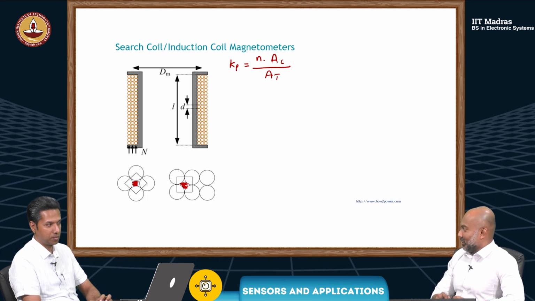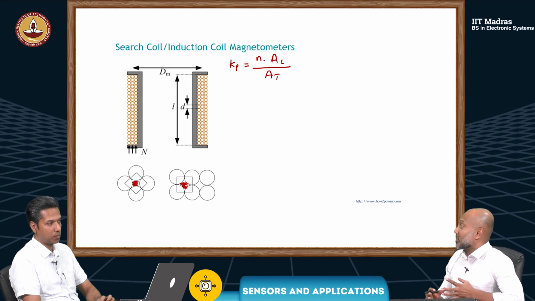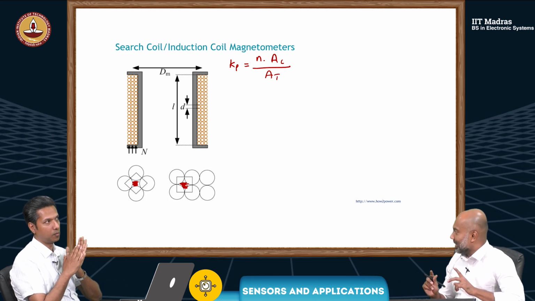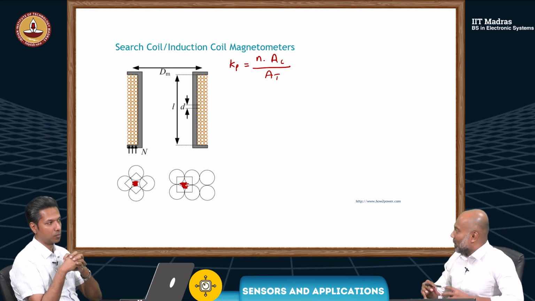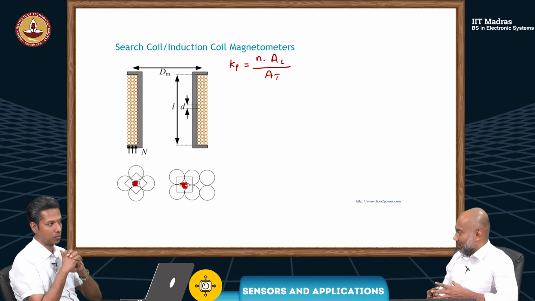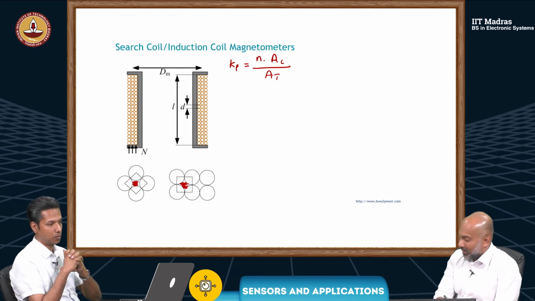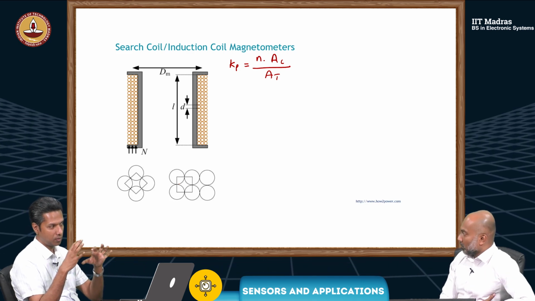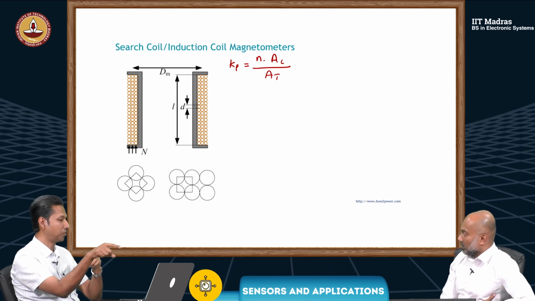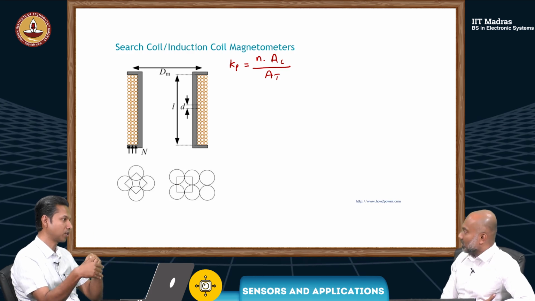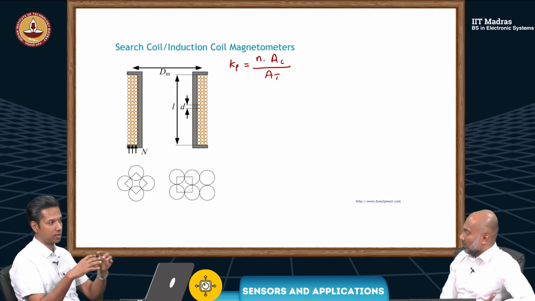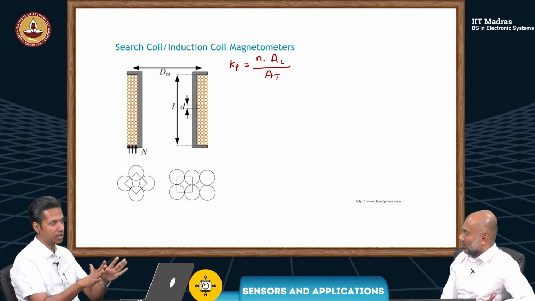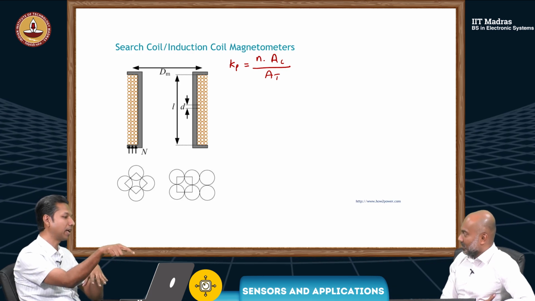So 100 turns doesn't necessarily mean it's 100 turns, in the sense that there's also a packing factor to be considered. So that's what's shown here. If you have a given area and the cross section of the wire is round, there's a maximum packing density possible, because there will be air gaps like this.